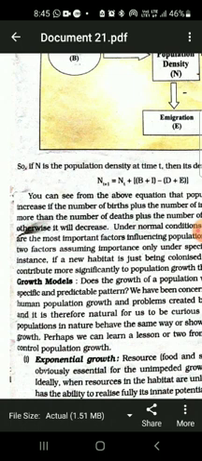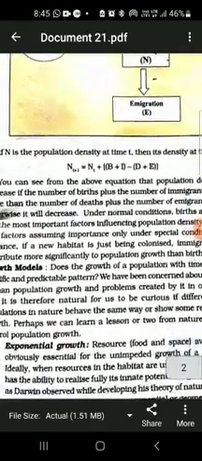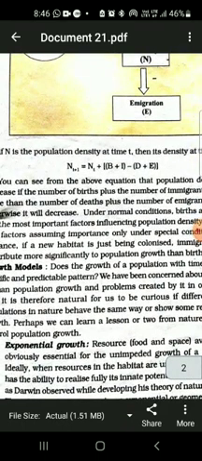So we can see from the above equation that the population density will increase if the number of births plus the number of immigrants is more than the number of deaths plus the number of emigrants, that is D plus E. Otherwise it will decrease.